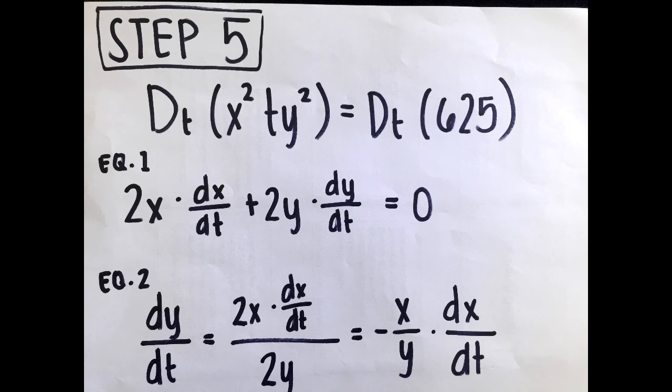Since we want to determine the rate of change of y at the indicated moment, from equation 1 we have dy over dt equals negative 2x times dx over dt over 2y, which equals negative x over y times dx over dt. That is equation number 2.